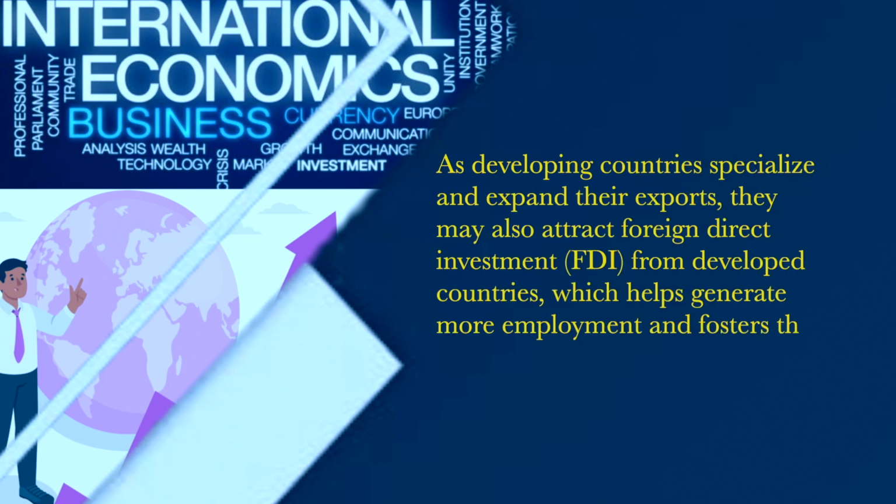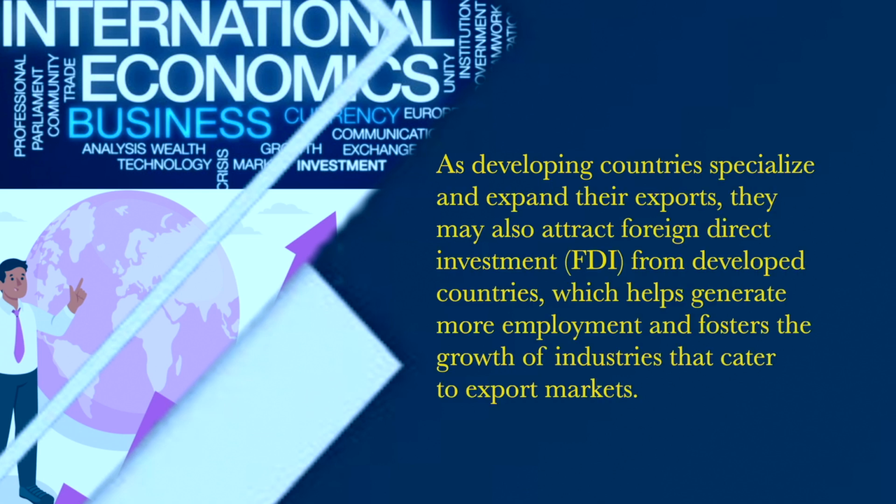This export expansion helps to absorb surplus labor in sectors like agriculture, thereby reducing unemployment and improving the overall standard of living. Again, as developing countries specialize and expand their exports, they may also attract foreign direct investment from developed countries, which helps them generate more employment and foster the growth of industries that cater to the export market.